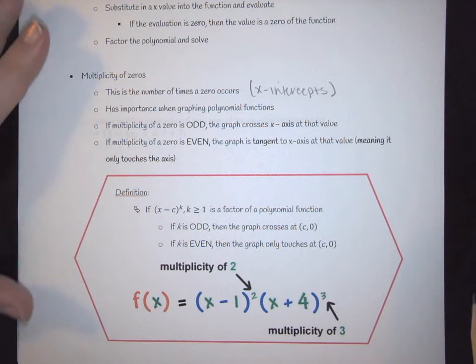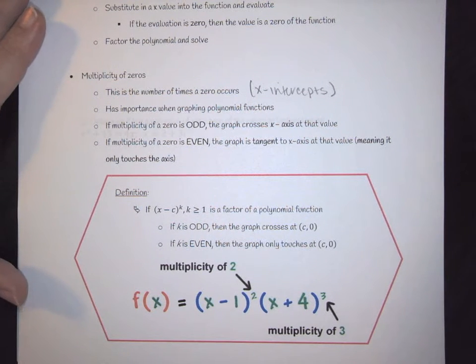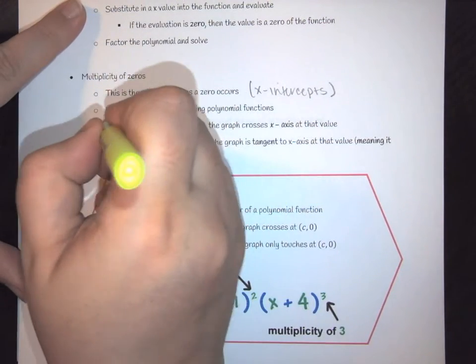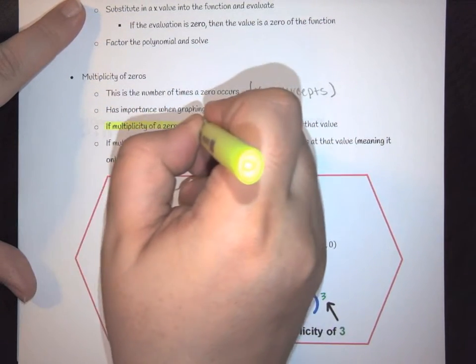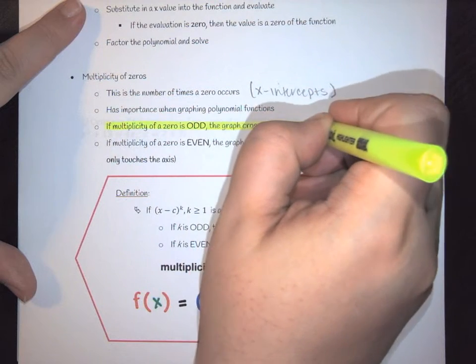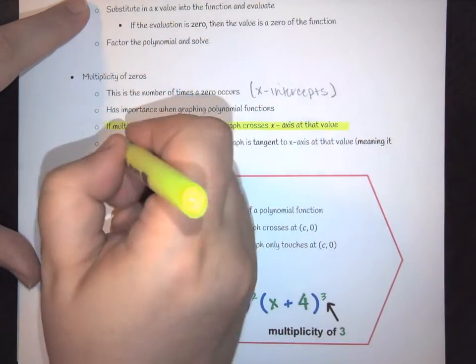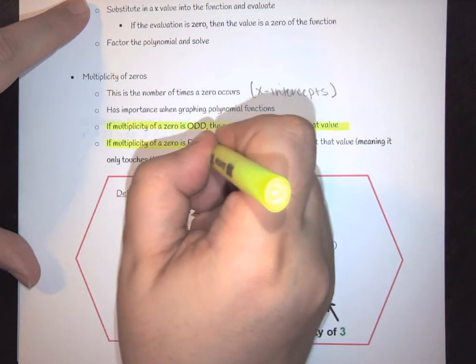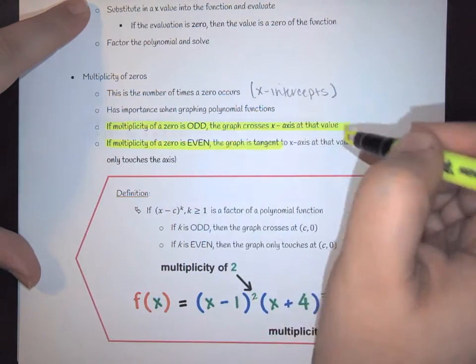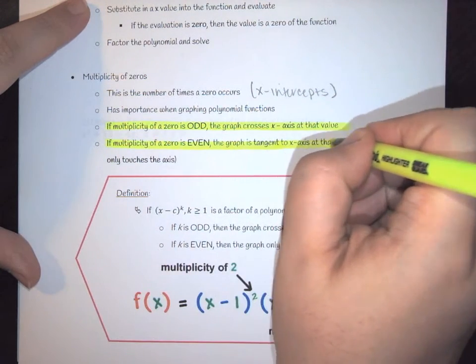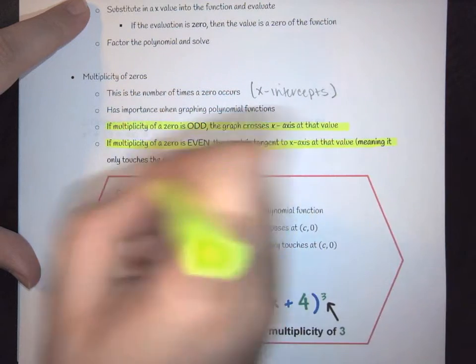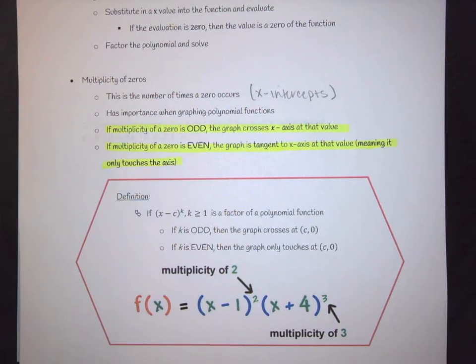So we have a general rule. That general rule says that if the multiplicity of a 0 is odd, then you're crossing at that x-axis. But if the multiplicity is even, then it's tangent or touching the x-axis. Okay, so meaning it touches the axis.